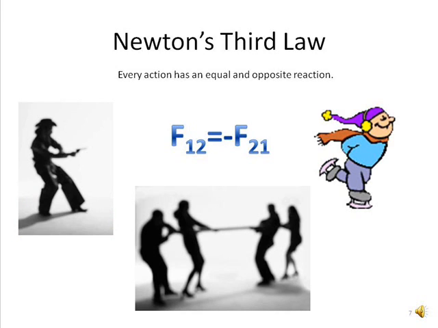Newton's third law, colloquially stated: every action has an equal and opposite reaction. Mathematically, we can state it as the force of body 1 on body 2 is exactly counterbalanced by the reaction force of body 2 on body 1. An example shown here is that of an old Western gunslinger.